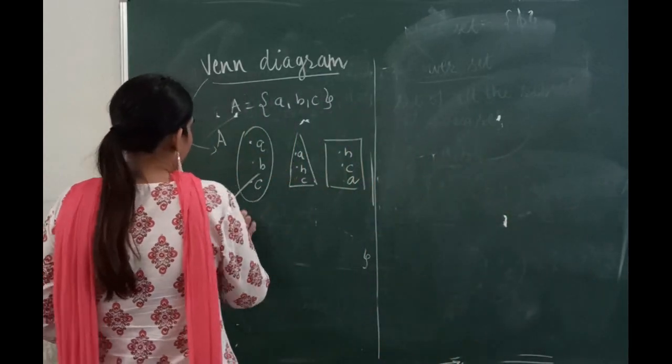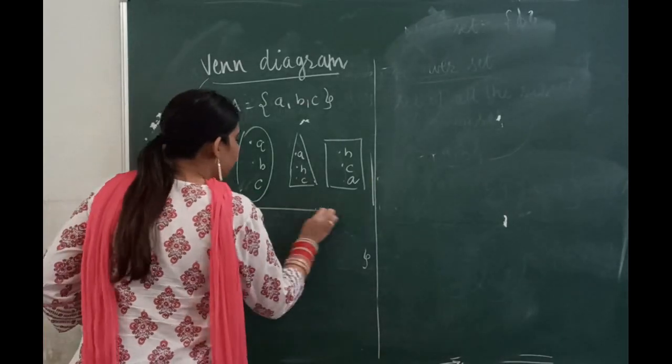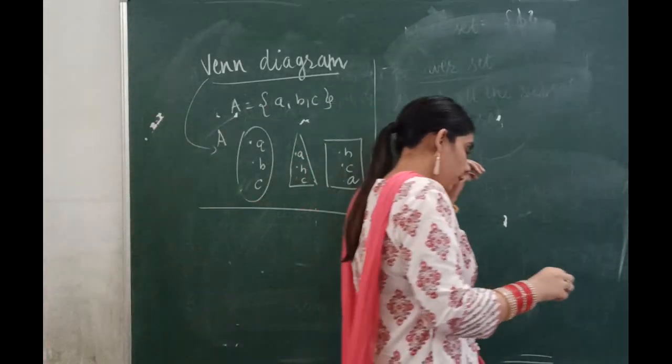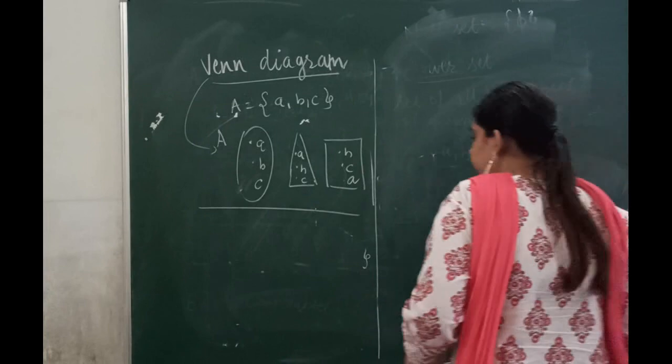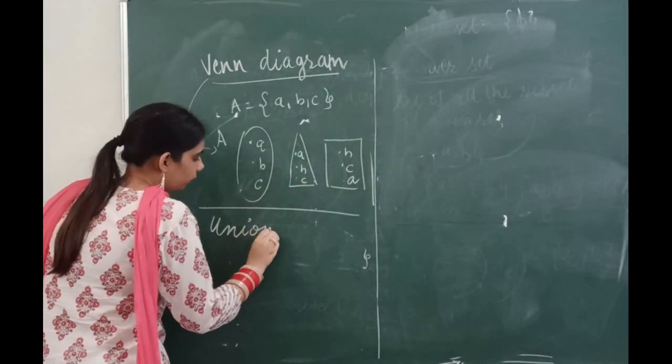So let us see here how a union of two sets will look in a Venn diagram.